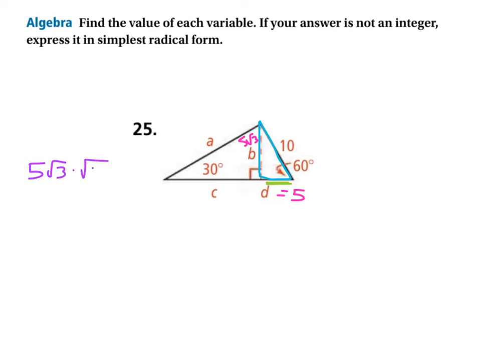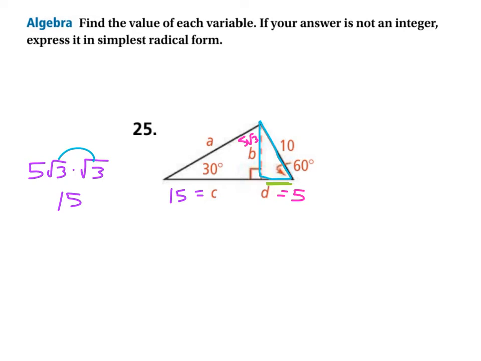We multiply it by root 3 to find the long leg. And what is 5 root 3 times root 3? Well, these two pieces go together to become 3, so it becomes 5 times 3, or 15. So we've got C, that long leg, being equal to 15.